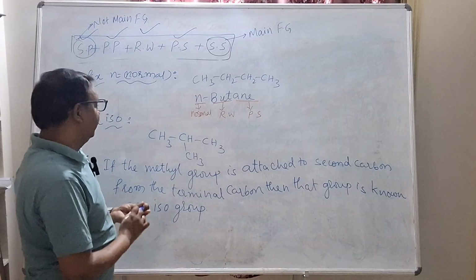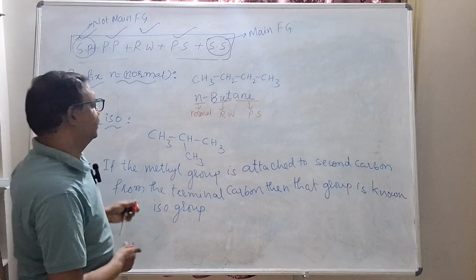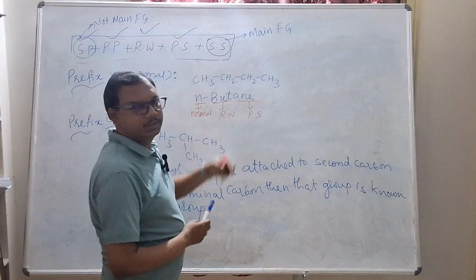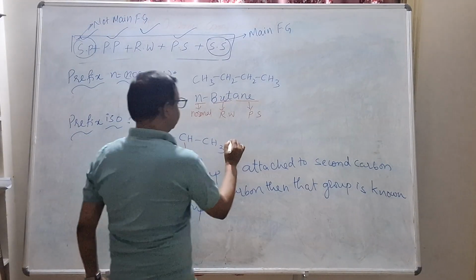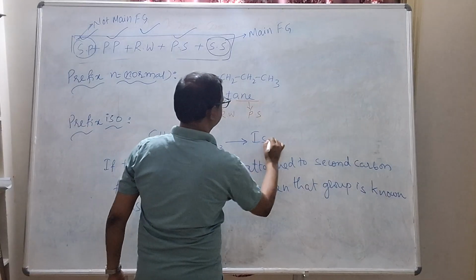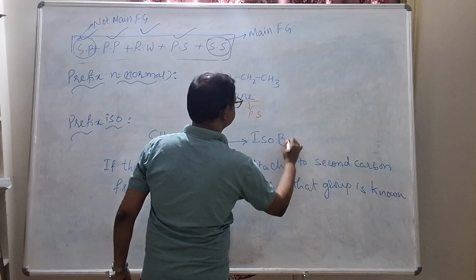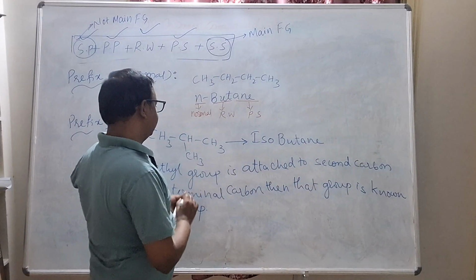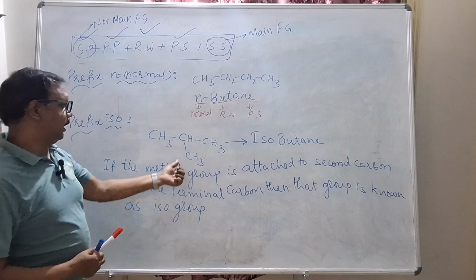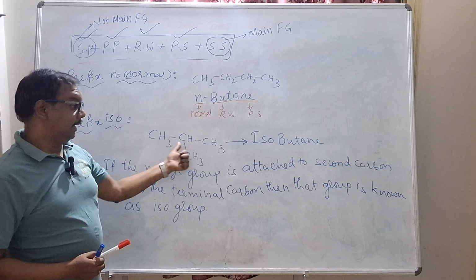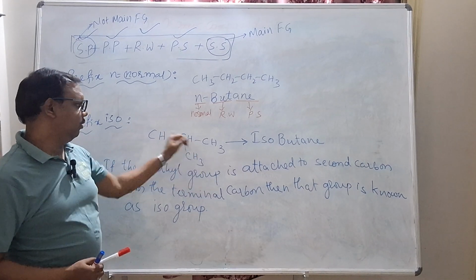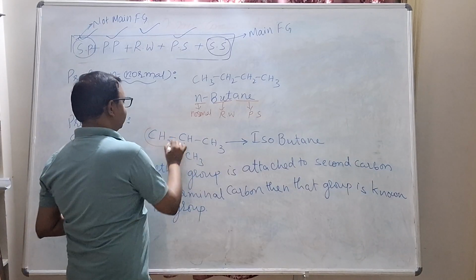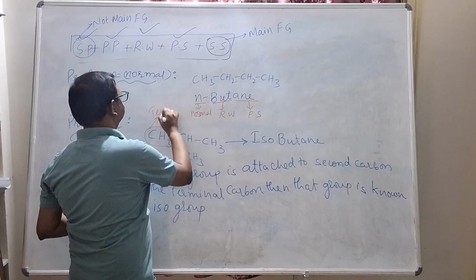What is the name of this compound? This compound here, we can observe, is not n-butane. Here there are 4 carbons. This is called isobutane. What is the meaning of isobutane? Iso means if the methyl group is attached to the second carbon from the terminal carbon. Any one of these carbons is called a terminal carbon.